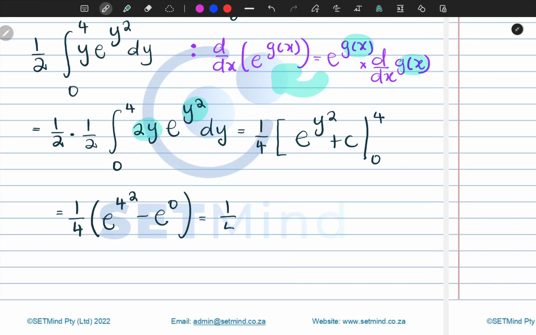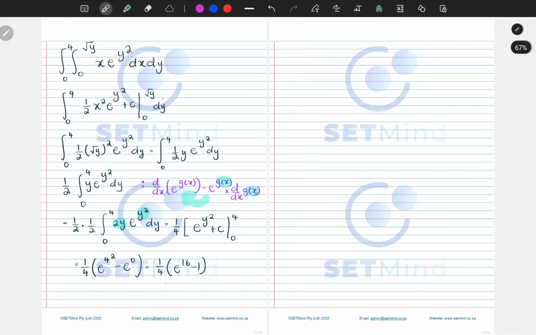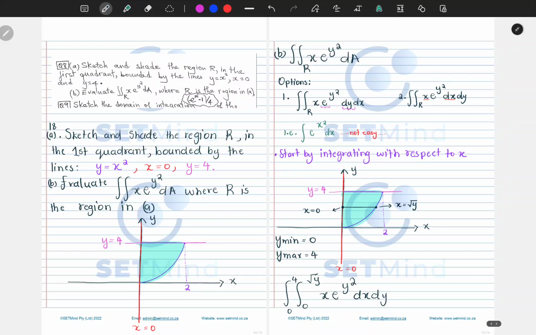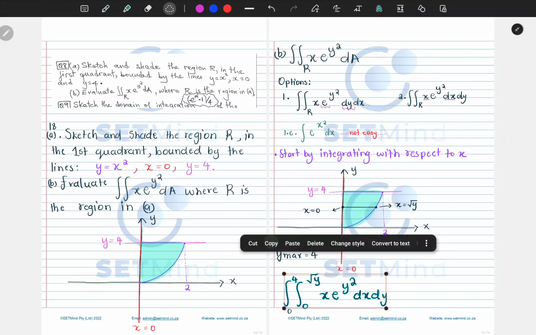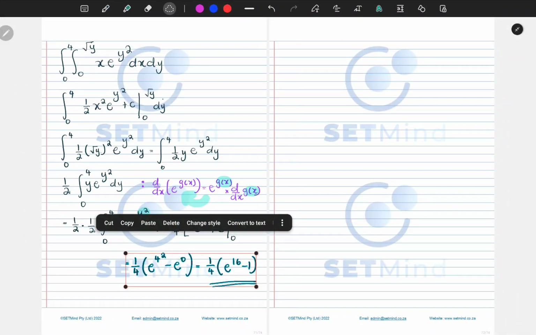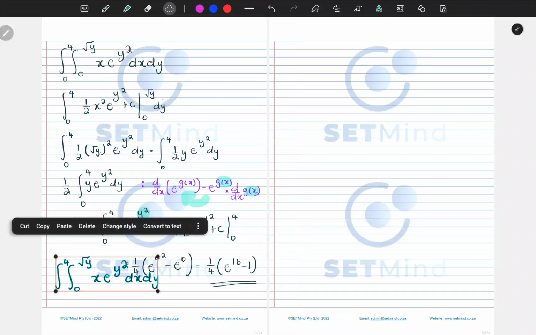And this just becomes 1 over 4 into e to the 16 minus 1. So this becomes our final answer, which is the integral of what we were looking for originally. So that is how we are supposed to deal with this problem here.